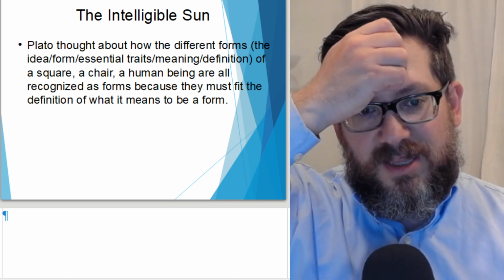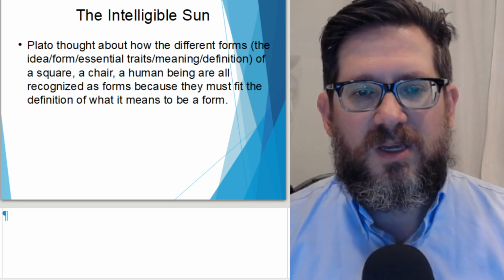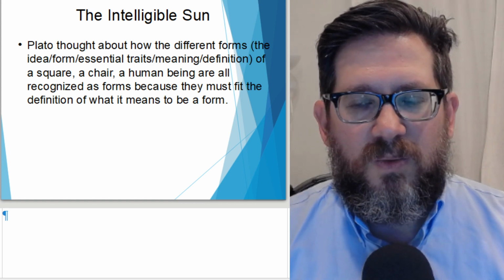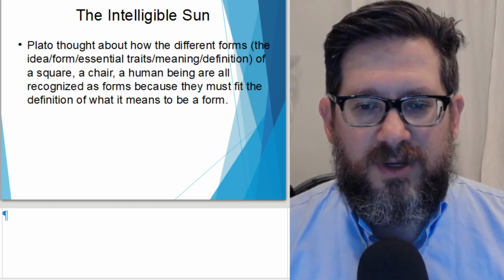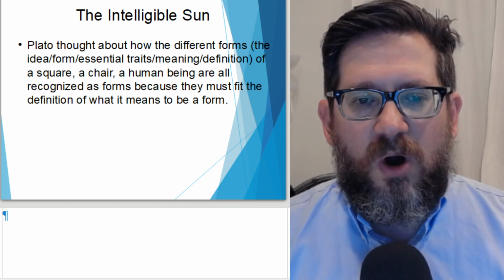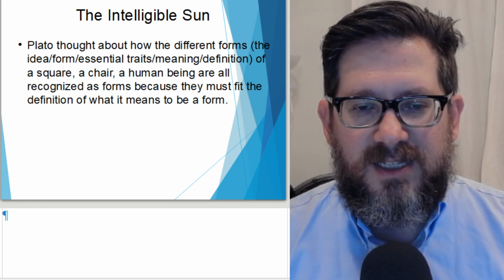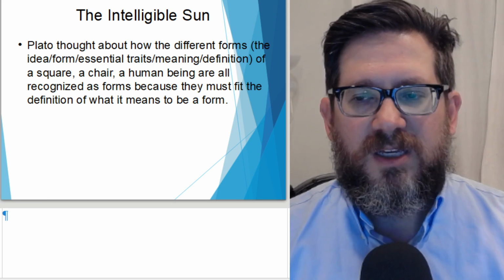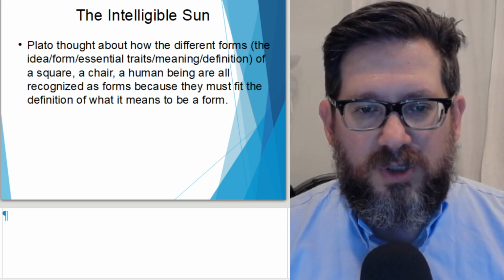Now I think this is confusing. What Plato is saying here is that there's all these different forms, ideas of things of the visible world, right?